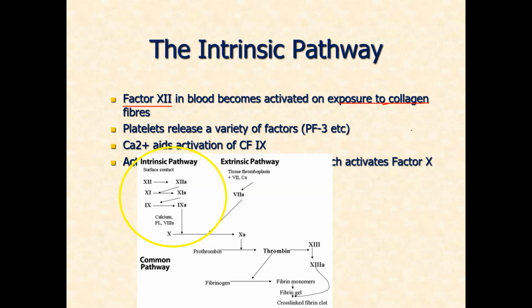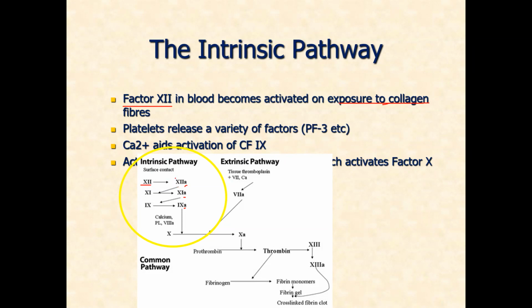Collagen is coming from the damaged area of your blood vessel wall. So now the factor 12 comes into contact with the collagen and is activated. Normally when you see A here, A stands for active, okay? So your factor 12 gets in contact with collagen, becomes active.